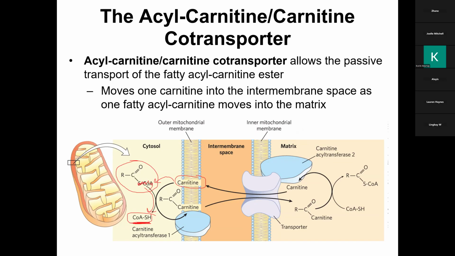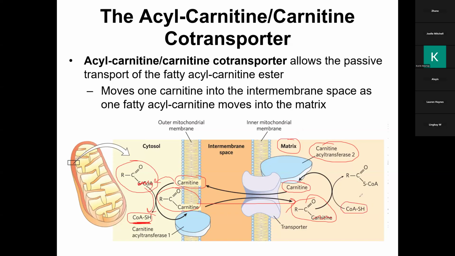And this fatty acid here has the carnitine on it. And like I said, the carnitine transporter is now going to pull it through into the matrix. And you now have a fatty acid carnitine in the matrix. And now you just do the reverse. An acyl transferase now takes off the carnitine and frees it.